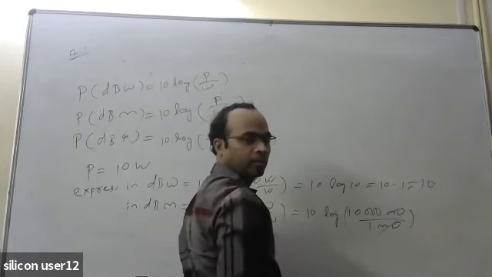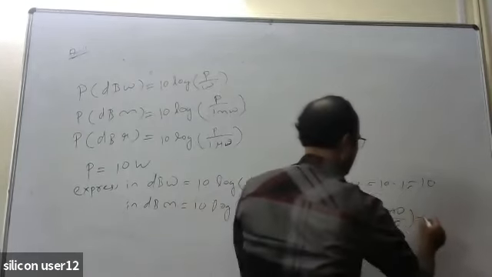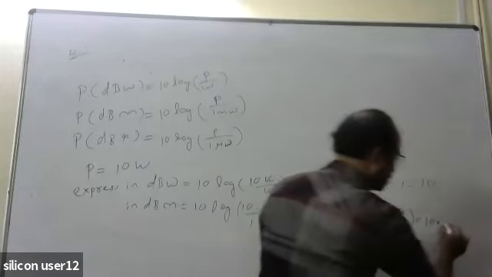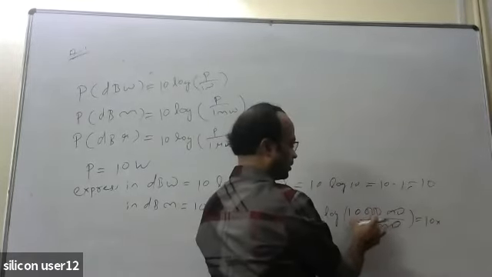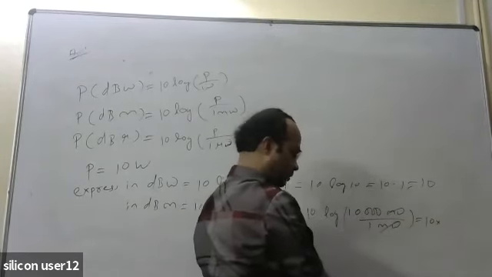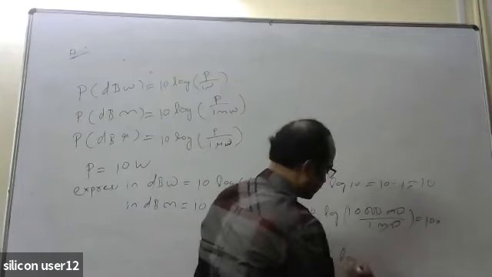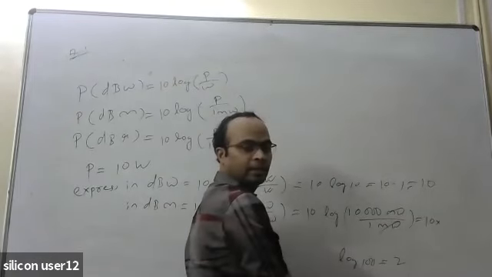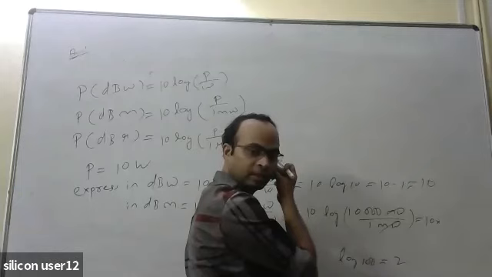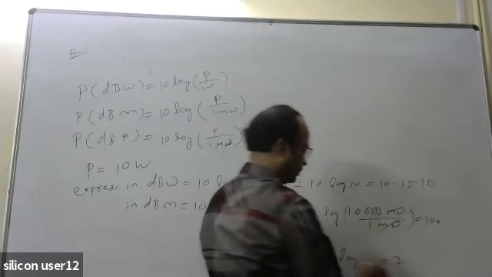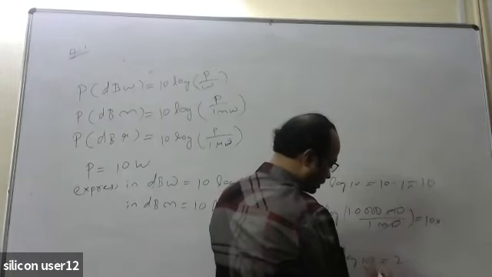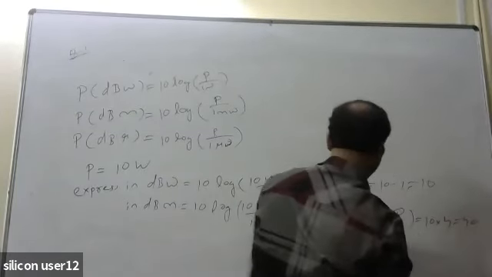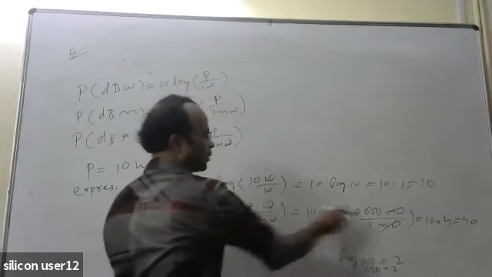Log of 100 is 2, log of 1000 is 3, so log of 10,000 is 4. So 10 watt is equal to 10,000 milliwatt.